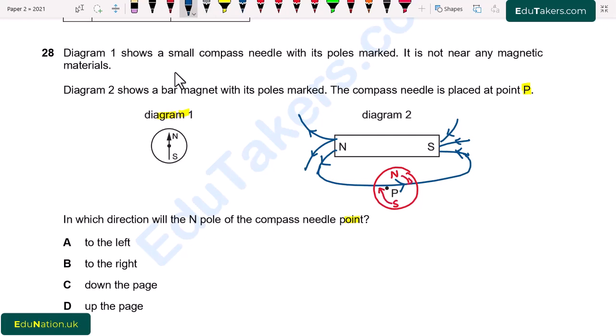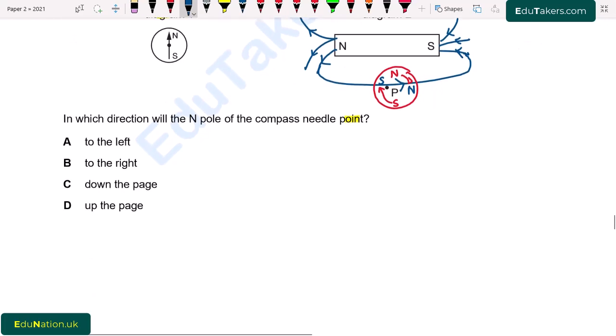I write here south and north. We can see from here that the direction of the magnetic field inside this compass needle is from south to north, while outside the bar magnet the direction of magnetic field lines is from north to south. It means that the north point will be on the right side. So, in which direction will the north pole of the compass needle point? It will be to the right. So, B option is correct here.